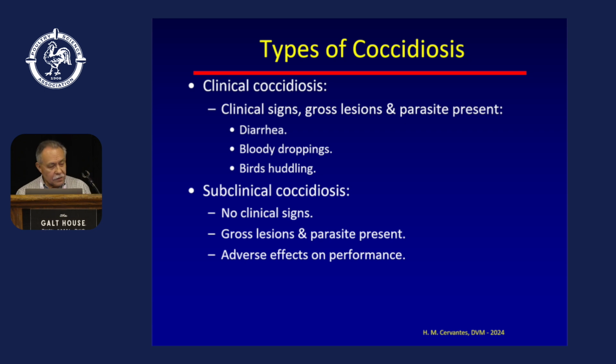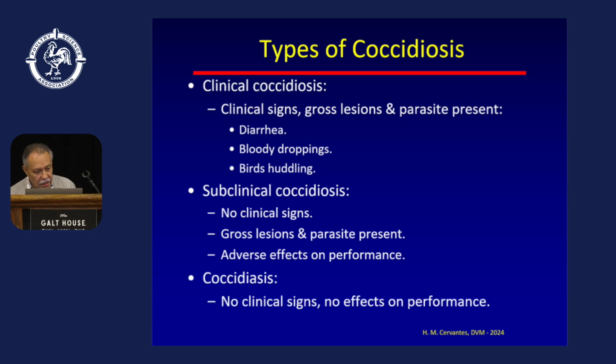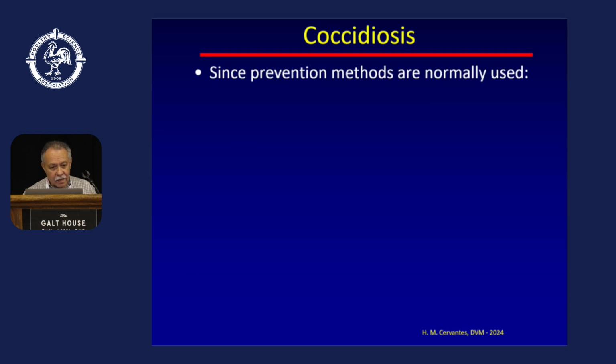These will have adverse effects on performance, particularly in feed conversion ratio and daily weight gain. There is also an older term coined to reflect the mildest of infections, where there are no clinical signs and no measurable effect on performance.